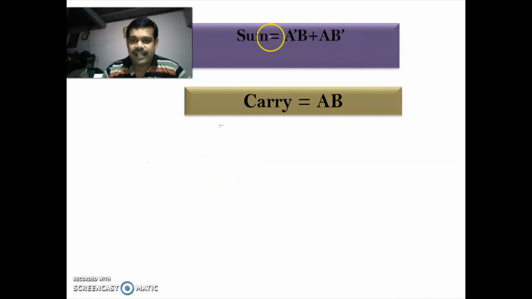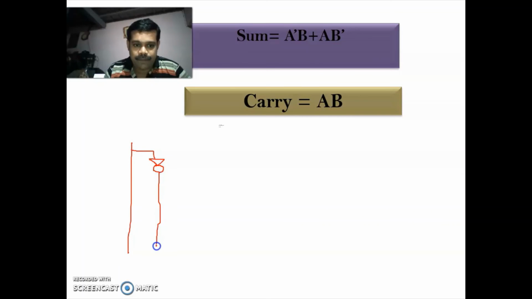Now using these expressions, we are going to draw the logic diagram. So here you are having two inputs, A and B. So you take A, then you invert, so you'll be getting A bar. Then you take B, you invert.